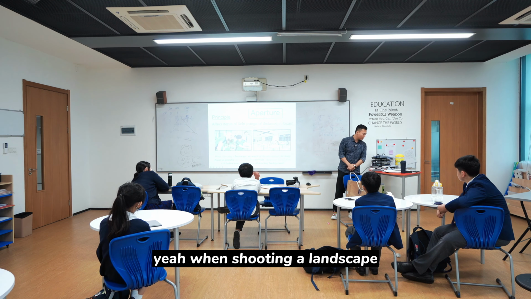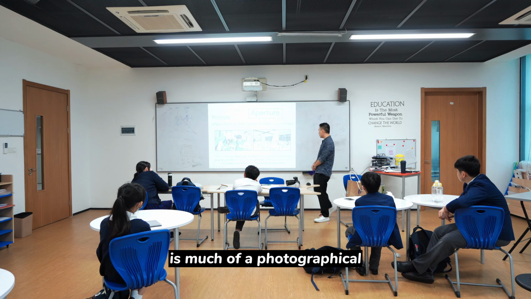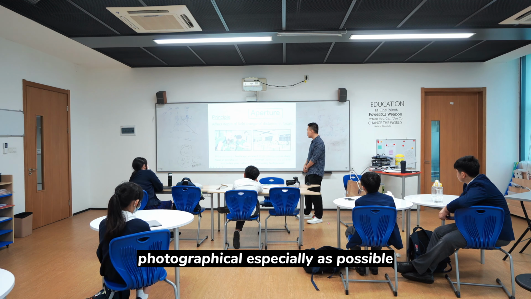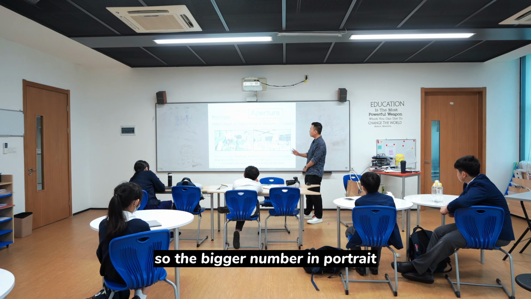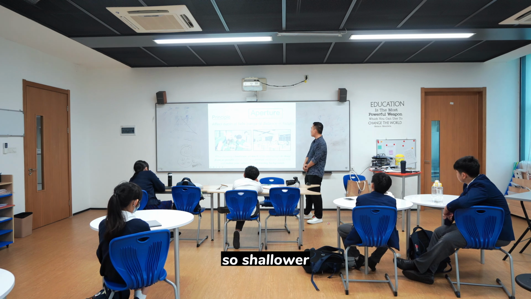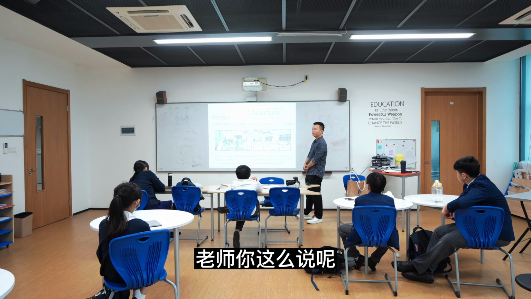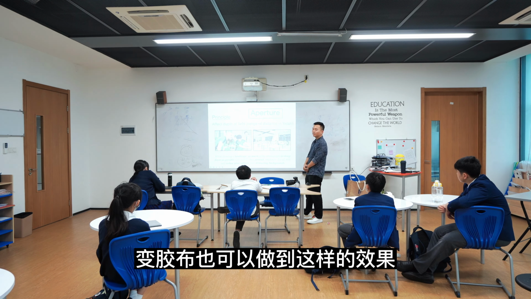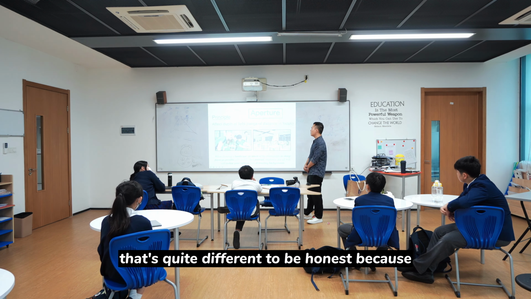When shooting a landscape, you want as much of the photograph in sharp focus as possible, so the bigger f-number. In portrait, it's shallower. That's quite different, to be honest.